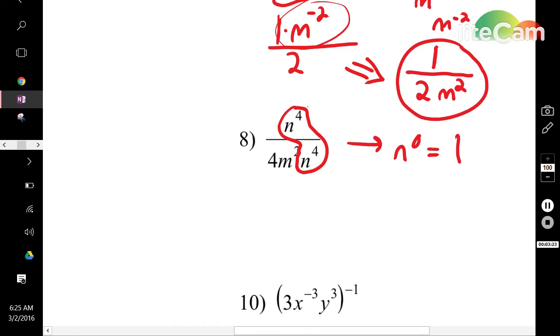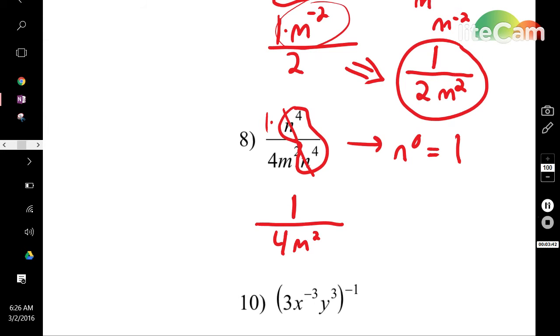So it's something we can actually cross out because multiplying by 1 doesn't change anything. So what's left? We have 4m to the 2nd on the bottom. And on top, there again was that imaginary 1 that was sitting there, but we don't write it because we assume it is there. We're going to write that down in the numerator. And this ends up being the final answer.